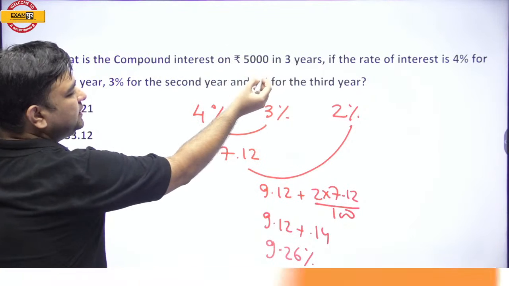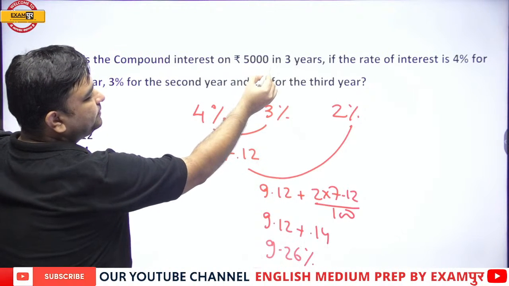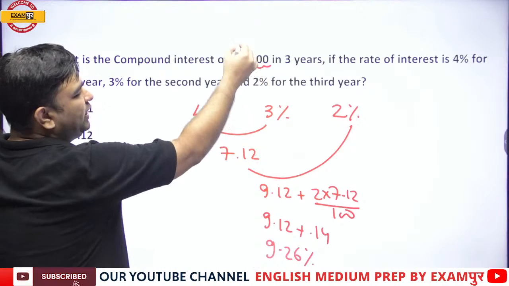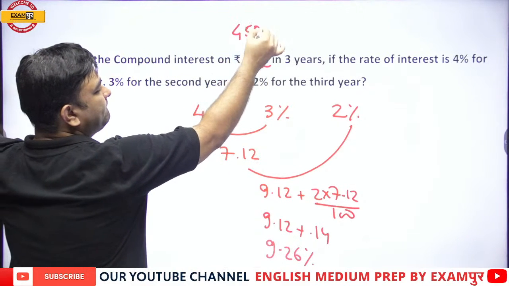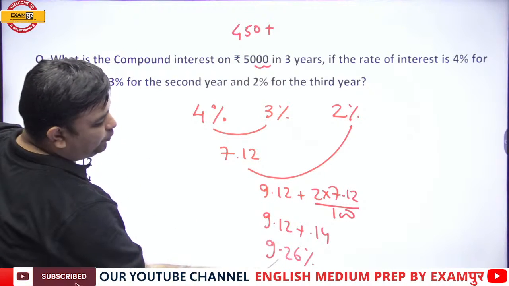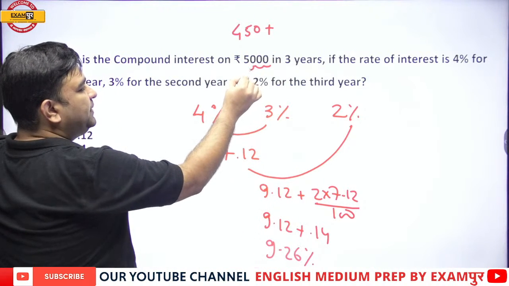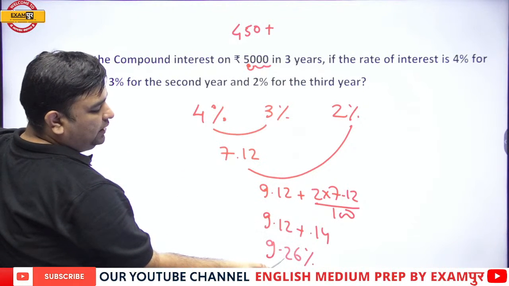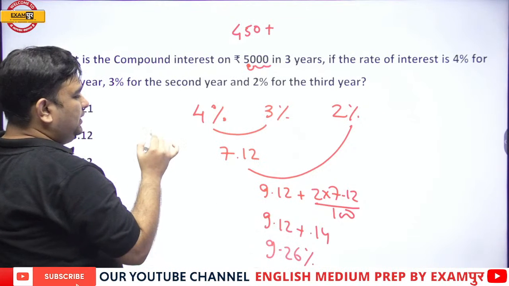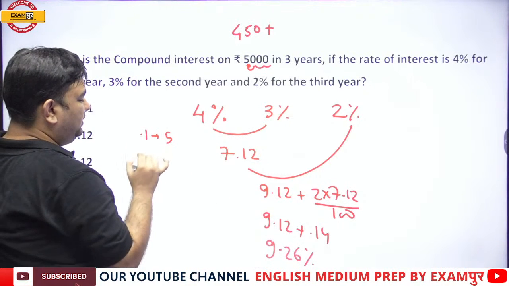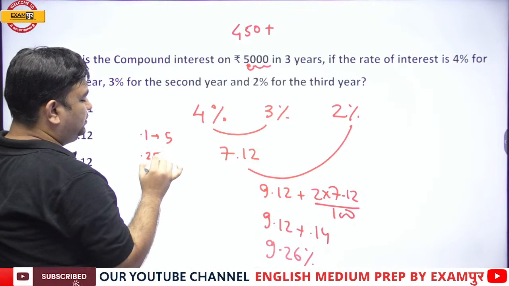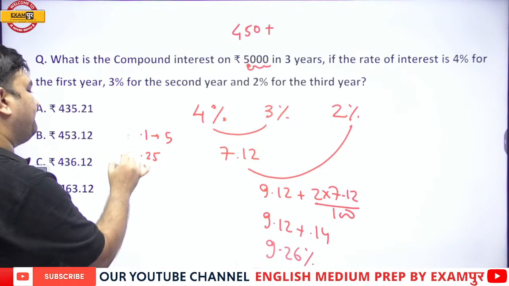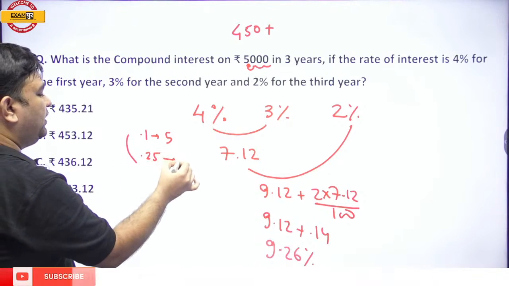What is 9%? 1% is 50. So 9%, 50 into 9, is 450. Then 0.2%. What is 0.1%? 0.1% is 5. So 0.25% is, if 0.1% is 5, then you can multiply by 25, so 125.